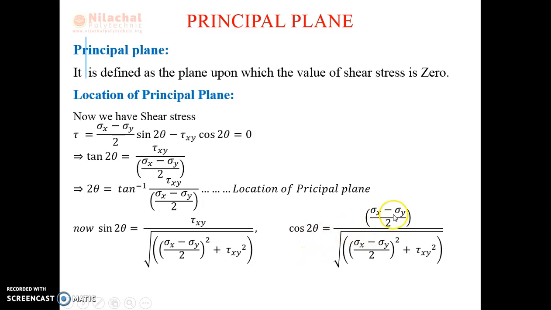Cos 2 theta is equal to B by H, so the B value is (sigma x minus sigma y)/2 and the H value is the square root of ((sigma x minus sigma y)/2) whole square plus tau xy square. After getting the sin 2 theta and cos 2 theta values, we can replace these values while calculating the normal stress upon the principal plane.